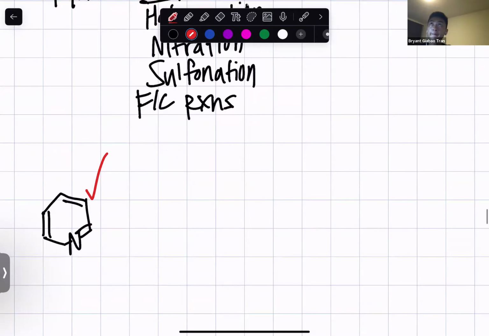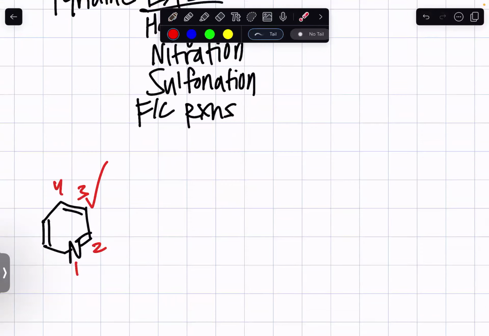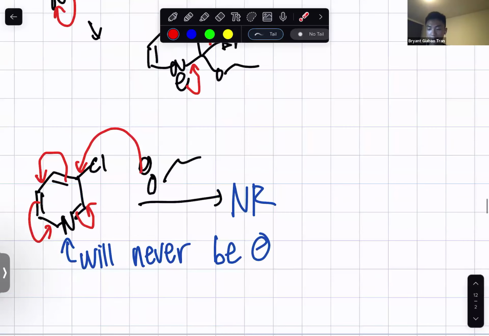These are gonna be affected by the positive charge, right? Because let's say this is position 1, 2, 3, and 4. We are only going to add the electrophile on position 3. The reason why is because you know how nitrogen, we said it wants a negative charge because it's electronegative?